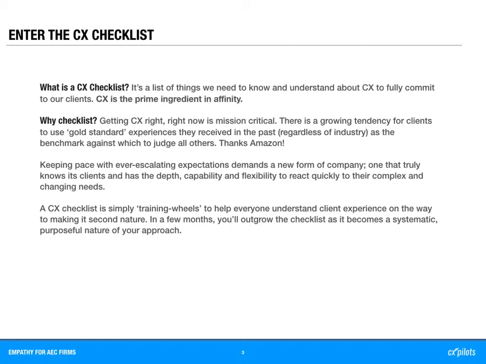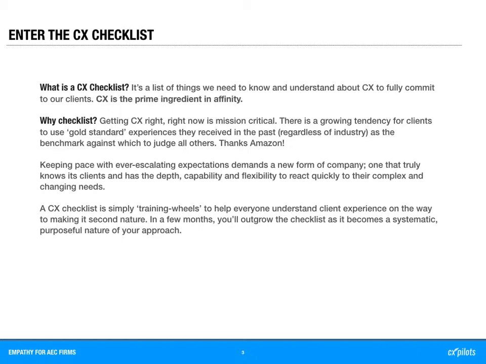The reason why we've done this is because we've been in the trenches with dozens of firms, large and small, and learned where specific retention efforts have stalled out, and have subsequently developed tools, methods, resources to help our clients in the AEC space deal with some of these challenges.